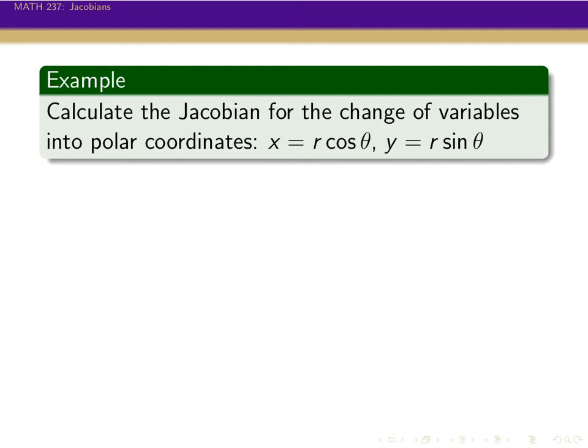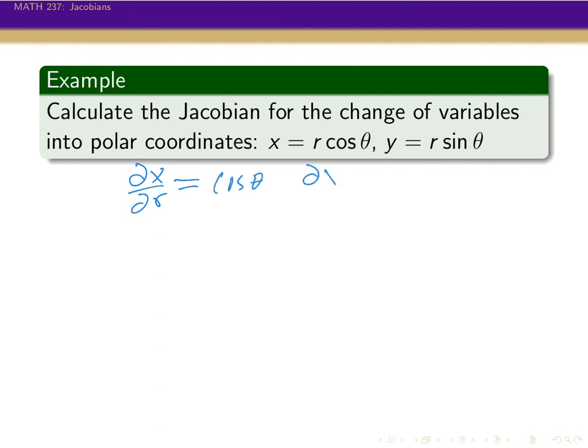Okay, so I want to close this out. We've actually already done a change of variables when we talked about polar coordinates. And so let's calculate what this Jacobian for polar coordinates is. Remember our change of variables for polar coordinates, when we're going from x, y to r theta: x becomes r cosine theta, y becomes r sine theta. So the partial of x in terms of r is just cosine theta.